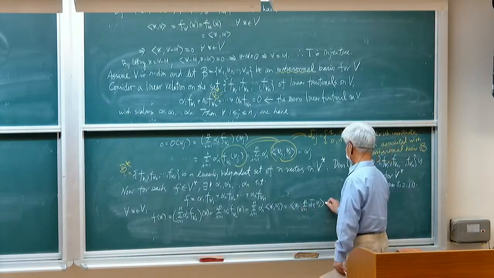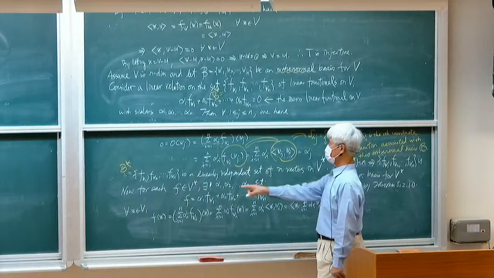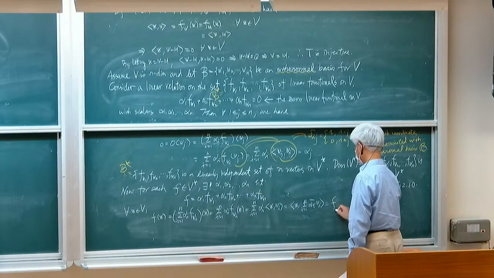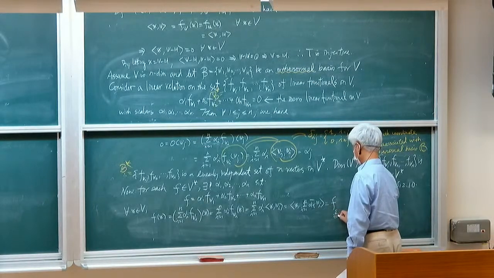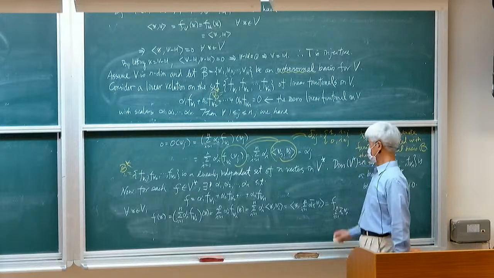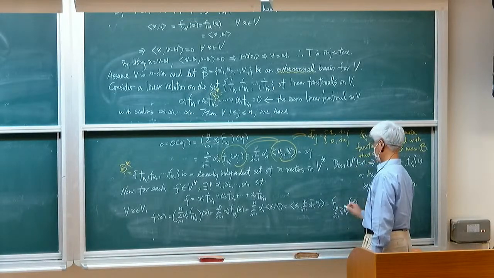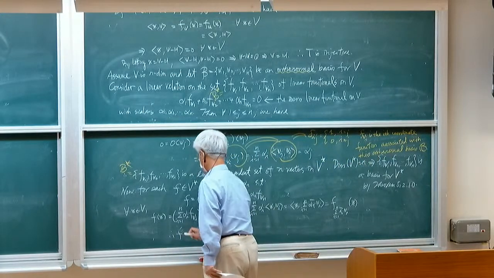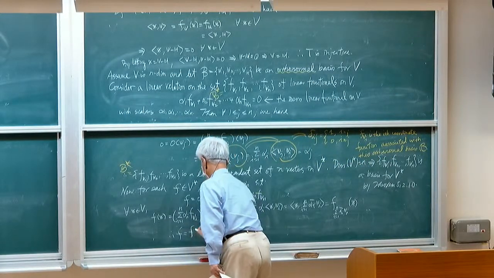Aha, and you see, this f can actually be constructed as f of the summation of alpha_i bar and v_i, at x. So this proves that f is equal to f_v.